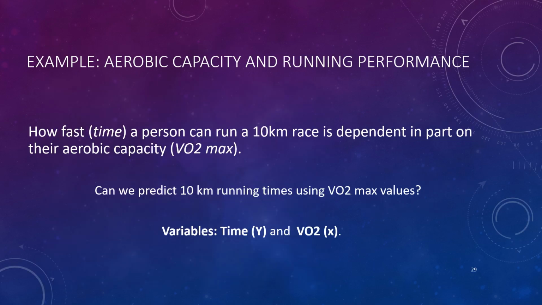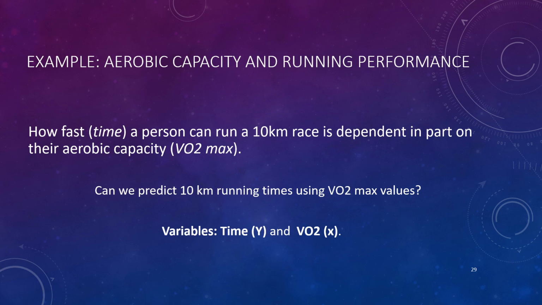Let's look at an example then, and this is looking at the relationship or the predictability of aerobic capacity and running performance. So here we have how fast, in terms of time, a person can run a 10-kilometer race is dependent in part upon their aerobic capacity, which we call VO2 max.